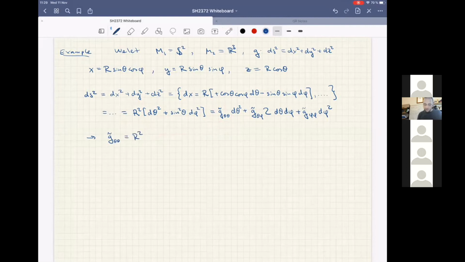If I do the same thing for the off-diagonal term, g tilde theta phi, which is equal to g tilde phi theta, there is no cross term on the left-hand side, so this must be equal to 0. And finally, g tilde phi phi is the prefactor of d phi squared on the left-hand side, so it's r squared times sine squared theta.